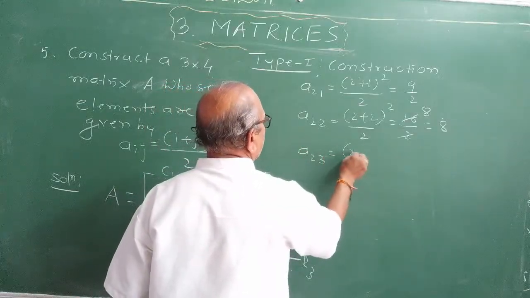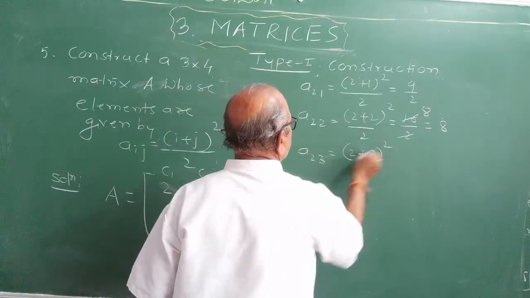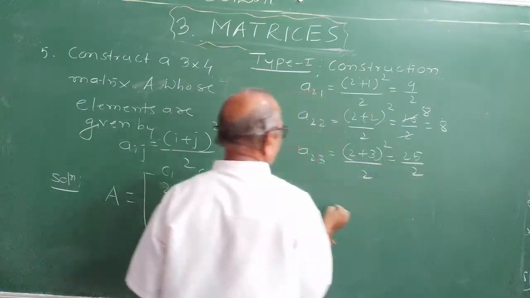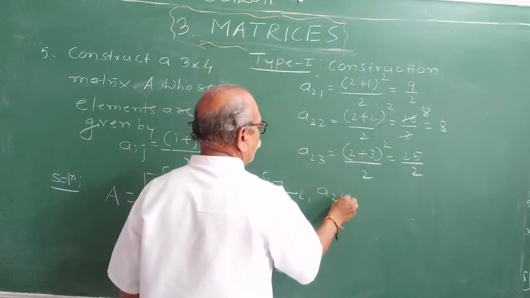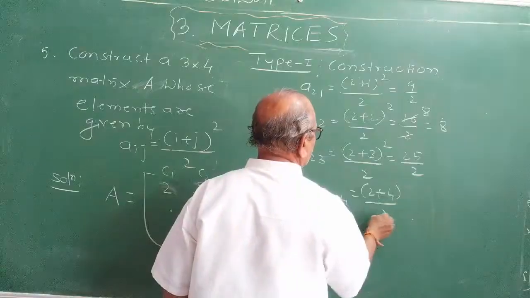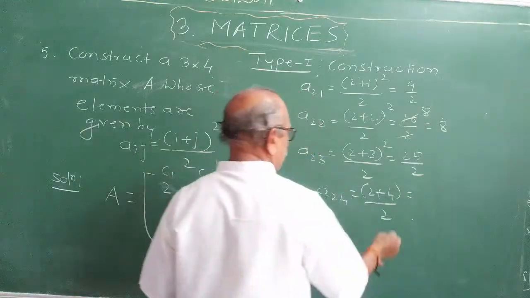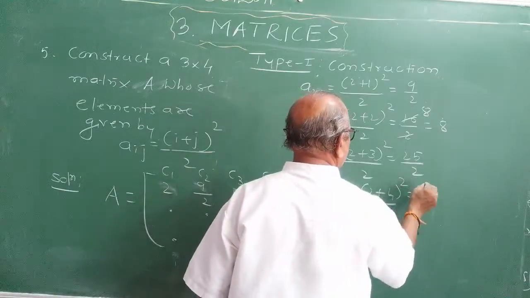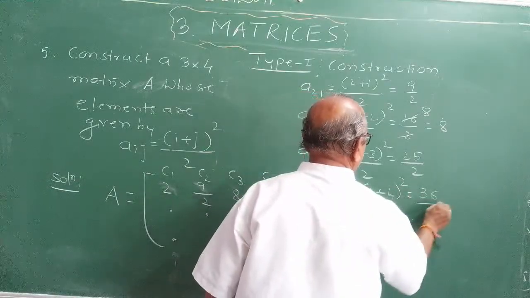A23, what do you get here? (2 plus 3) whole square upon 2. 5 square is 25 upon 2. Right? A24, you get (2 plus 4) square upon 2. 6 square is 36 upon 2.